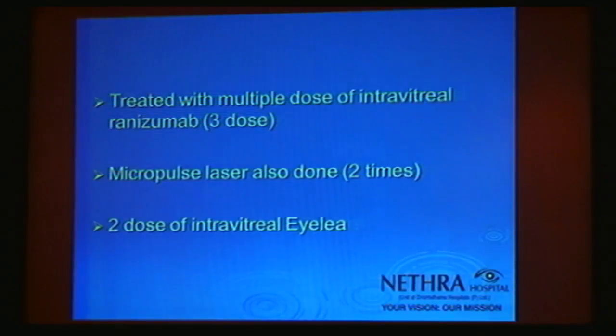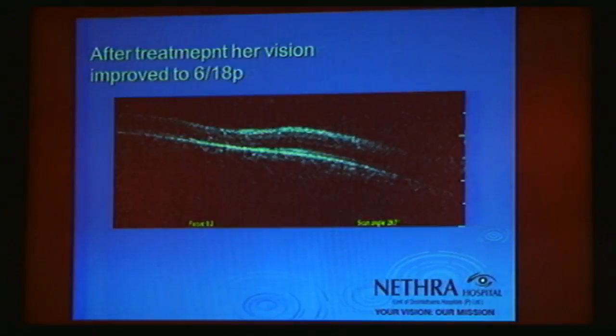She was treated with multiple doses of intravitreal ranibizumab. Each time we gave it, she responded and the fluid recurred. We did a micropulse laser also. After micropulse laser, the fluid reduced, but it recurred. Later, she received 2 doses of intravitreal Eylea. Each time her vision improved to 6/18 and the fluid reduced.